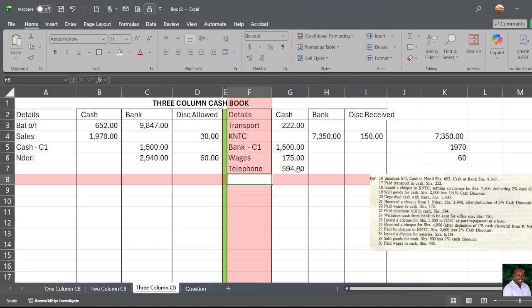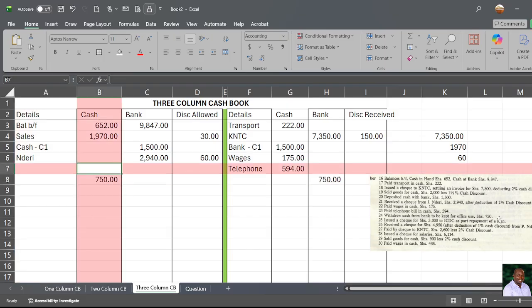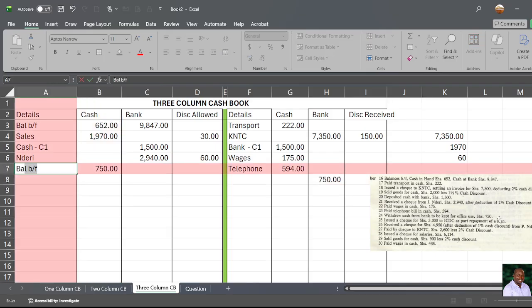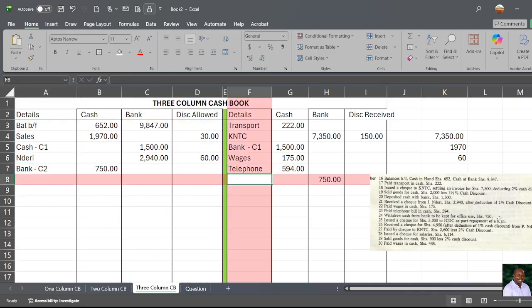So the bank is reducing by 750 and cash is gaining 750. That cash is coming from the bank, and this is what we call contra entry number 2, sent to cash.